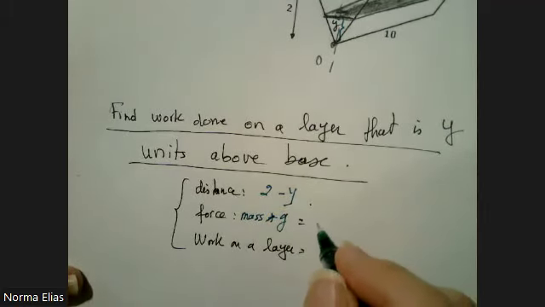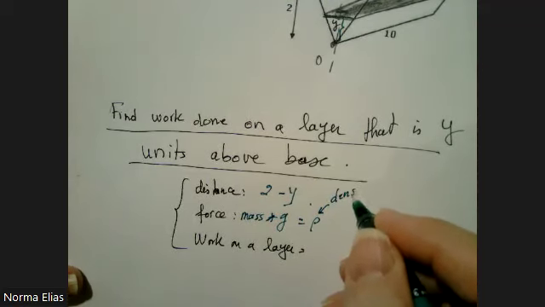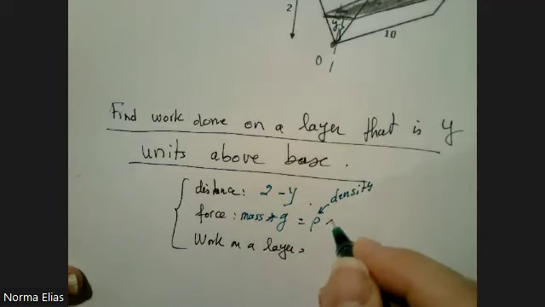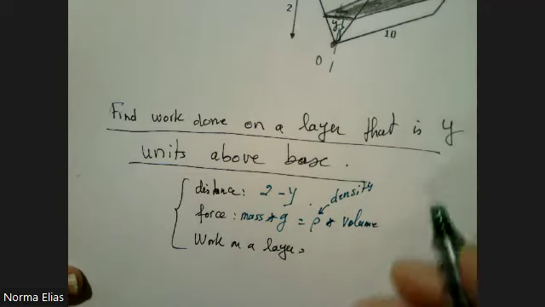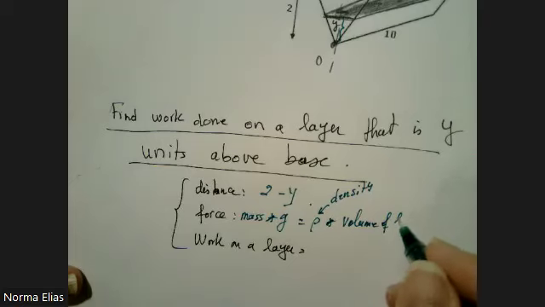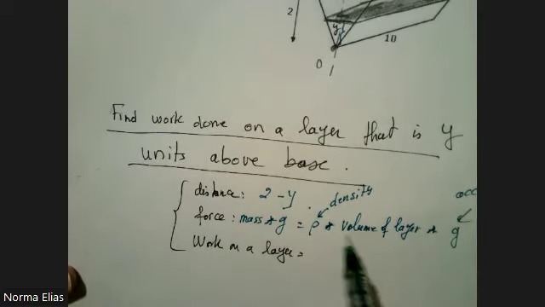The mass is the density, which I'm going to call rho, times the volume of the layer, times the acceleration. Okay, so the problem usually is finding the volume of a layer.